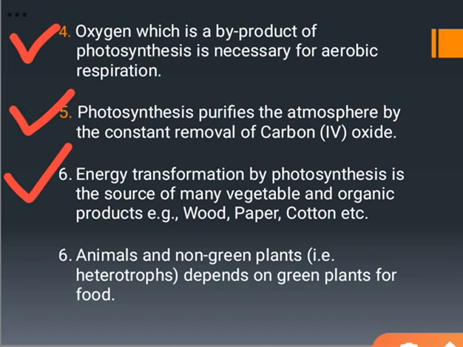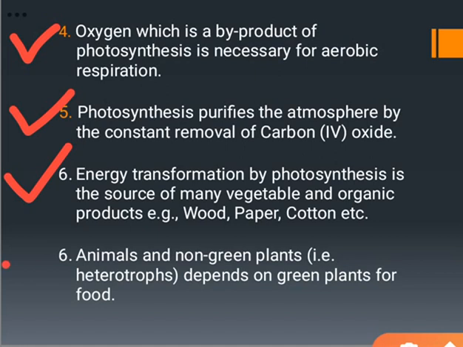And when they develop, they give rise to vegetables that we take as food. Not only that, they give rise to organic products such as wood. They make the plant continue to grow. When there is secondary thickening in woody plants, in trees, they produce wood, which is used for a lot of things. We derive paper, we derive cotton, which are used by man for various purposes.